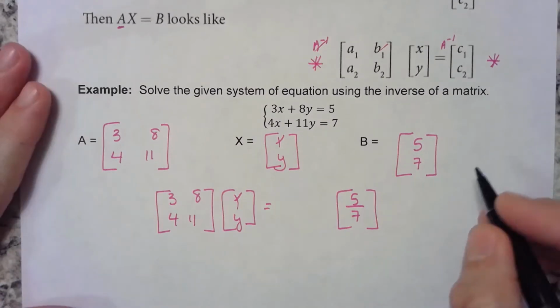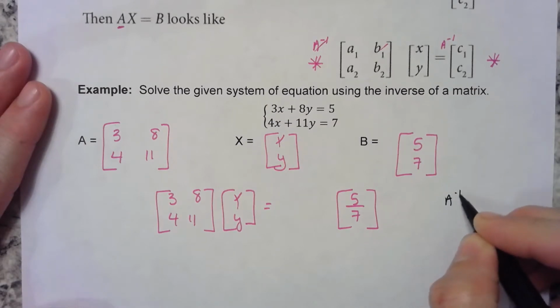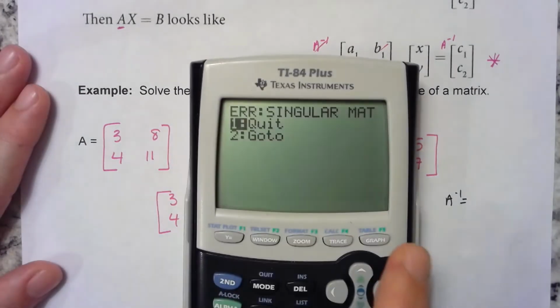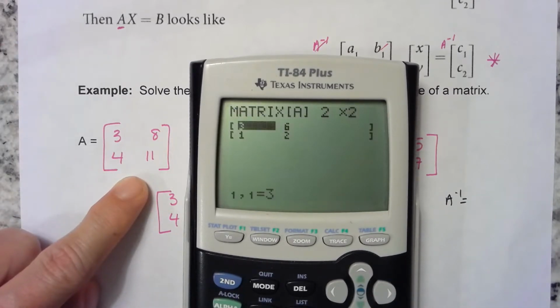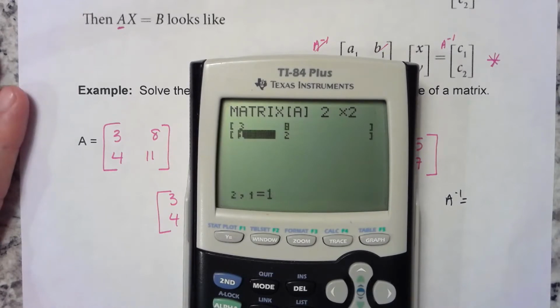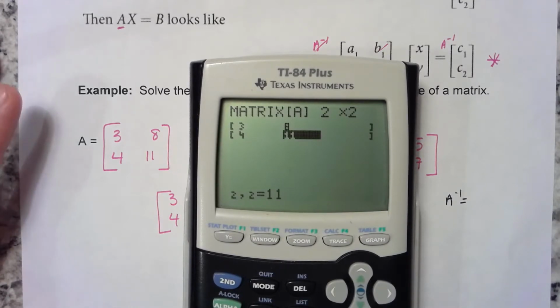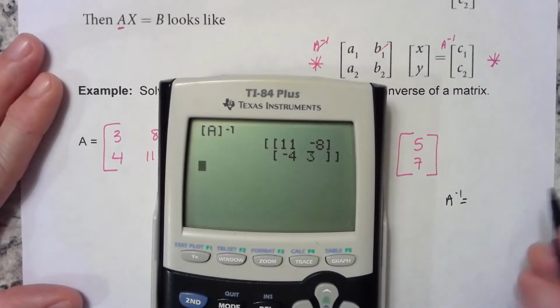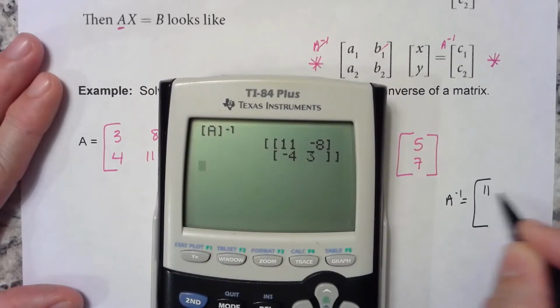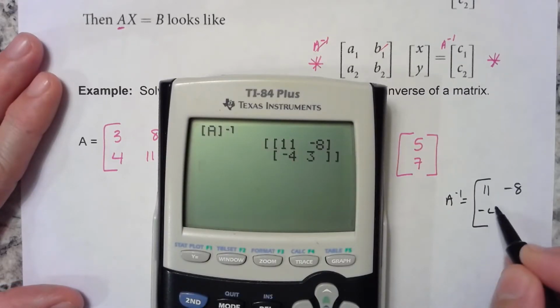Let's use our calculator to find A inverse. Matrix, edit. This is a 2 by 2. 3, 8, 4, 11. Quit the screen. Recall matrix A. Find the inverse. And we get 11, -8, -4, 3.